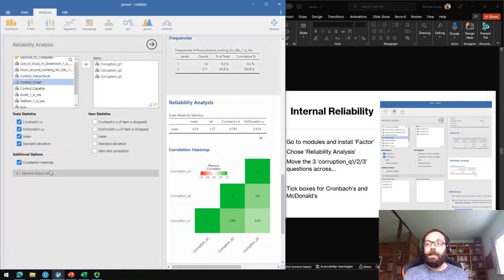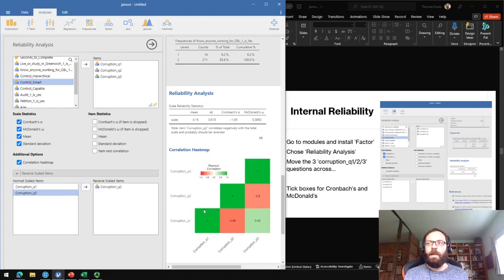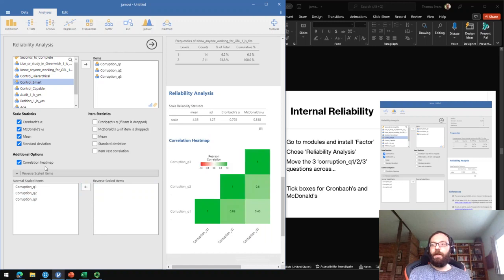When we go back to our analysis, if you do realise you have reverse scored them, if you don't want to go through the faff of recoding the variable, you can just copy across, and you'll be able to see, for example, if I copy across question 2 and pretend that that was reverse scored, that has all of a sudden made our Cronbach's alpha and our McDonald's omega completely problematic, and you can see here the heat map suggests the correlation is in the opposite direction. So it's always good to visualize and have this kind of reminder to see it visually. So there we are.